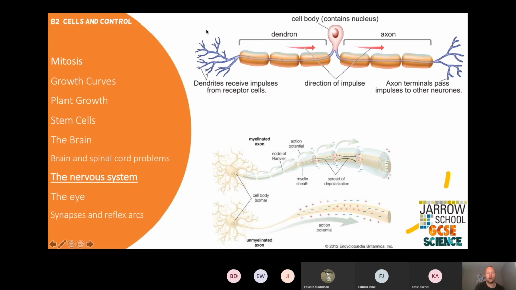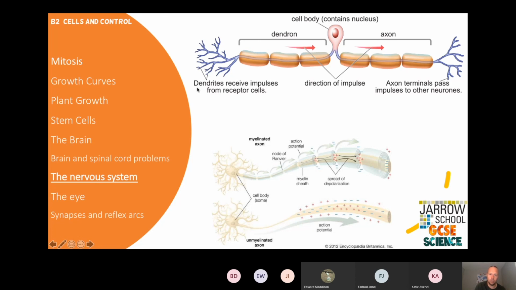So we're going to start at this side because this is the side where the nerve impulse happens first. This is called the dendrites. The dendrites pass the nerve impulse down this bit called the dendron. This is the cell body. And then this goes from the cell body to the axon and then the axon terminals. So how you're going to remember them: it's actually backwards to alphabetical order.